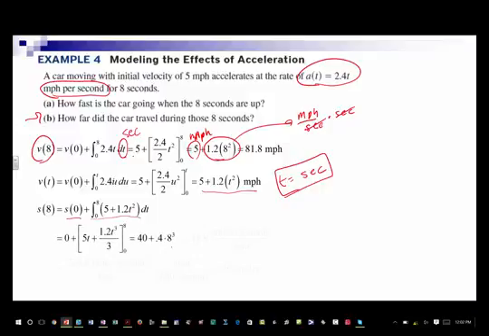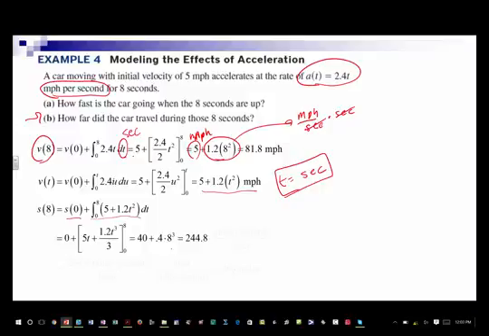We can take the antiderivative of 5 plus 1.2 t squared and get 5t plus 1.2 t cubed over 3 as we vary from 0 to 8. And of course that's 40 plus 0.4 times this really big number. Multiply that out and we get 244.8. But what unit is that in?